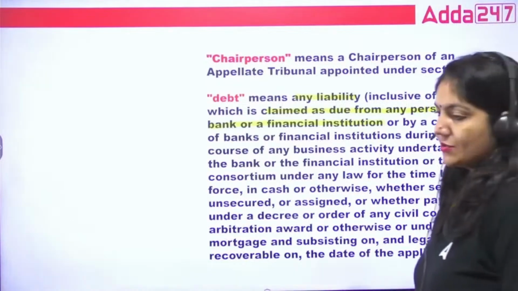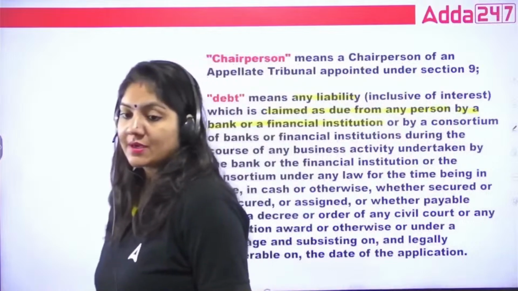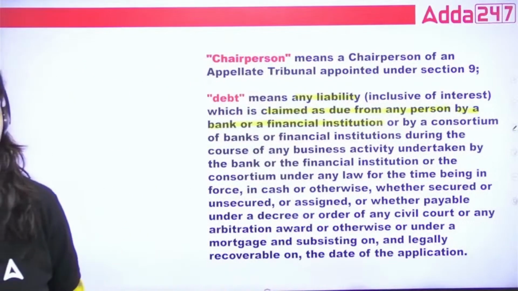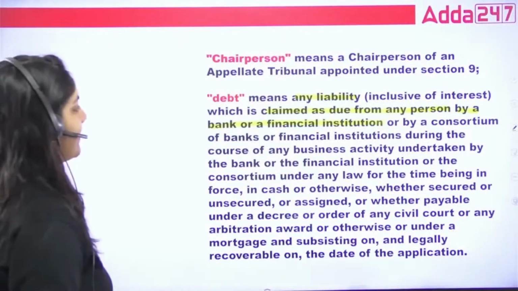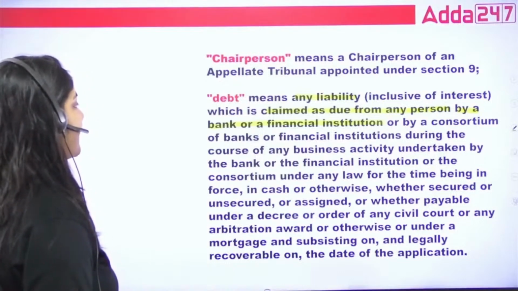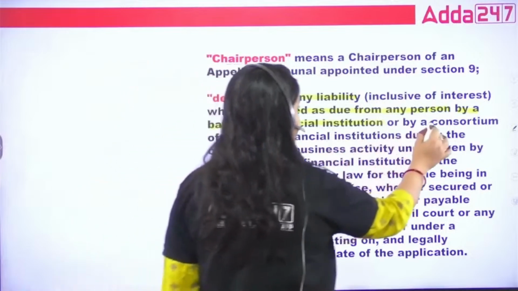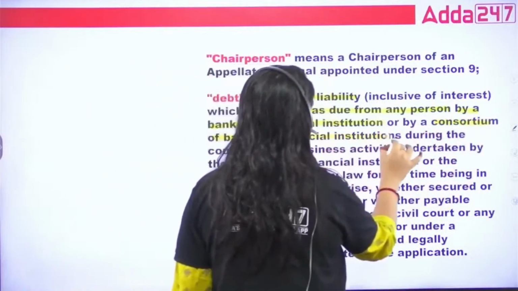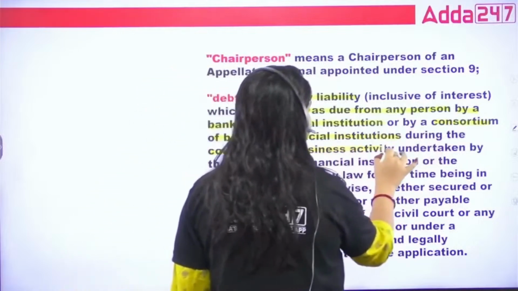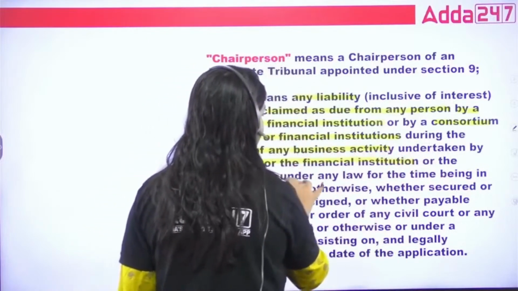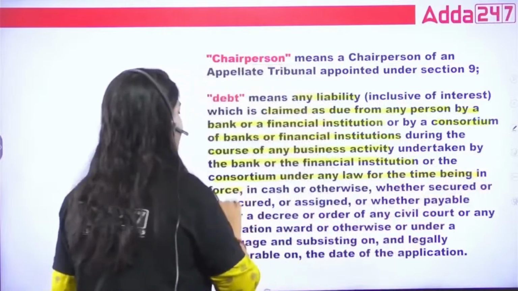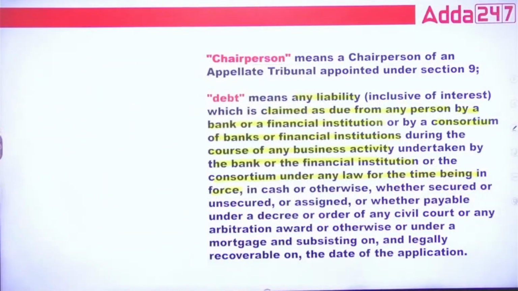If the borrower, which can be a company, partnership firm, etc., is not able to pay the money, this is called debt. Debt is any liability claimed as due from any person by the bank, financial institution, or by a consortium of banks and financial institutions during the course of any business activity undertaken by the bank and financial institution or the consortium under any law for the time being in force. That's it. So this is the definition of the term debt.